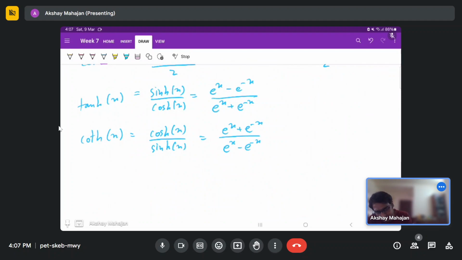So, just a quick revision of these hyperbolic functions.